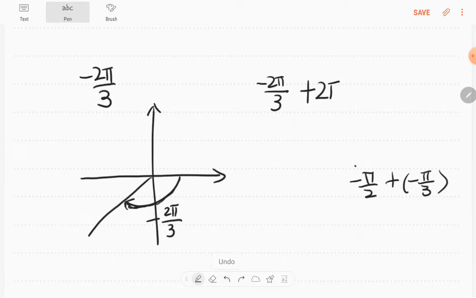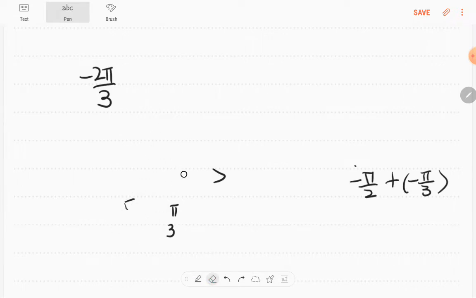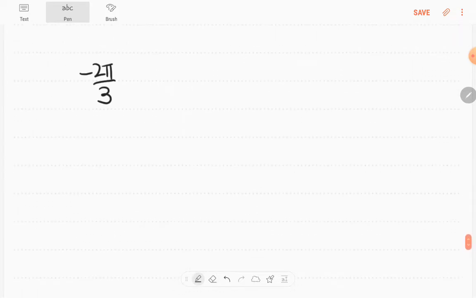Actually, this is the way to locate this angle, but we can use coterminal angles to locate the same angle. If we don't know how to locate this one, we have no idea, right? So let's find a coterminal angle, some angle we can easily locate.